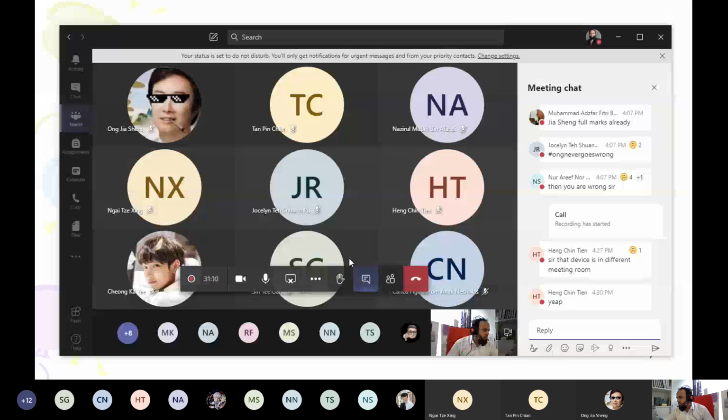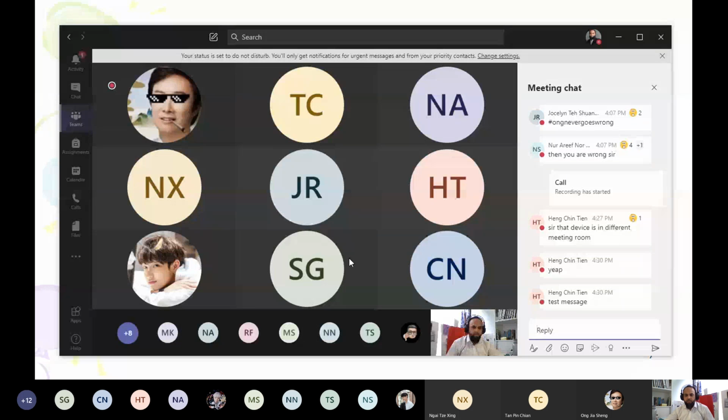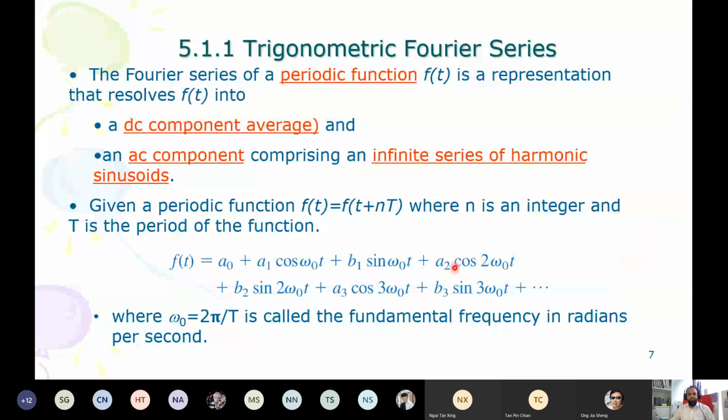I'm joining the same. Okay, now I can see the messages. Thank you, I got the first two. Can someone type another message? Test message. Okay, got it. Thank you.